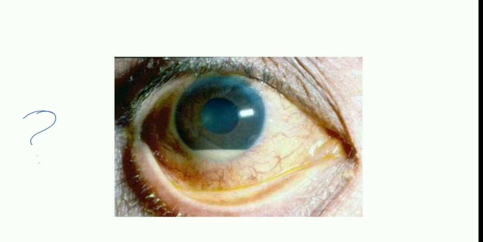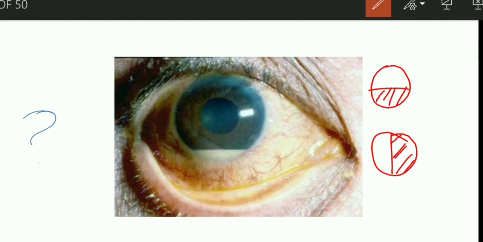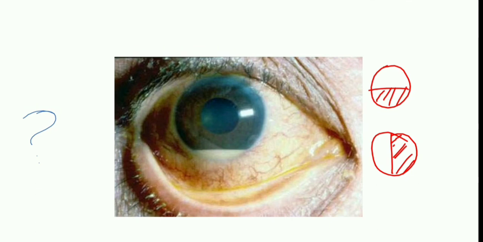For example, initially the hypopyon is in this position. Now you ask the patient to tilt the head and put it back in the normal position. Because of gravity, the hypopyon has changed its position. So we understand that it is mobile, and you can see this feature in a bacterial corneal ulcer.